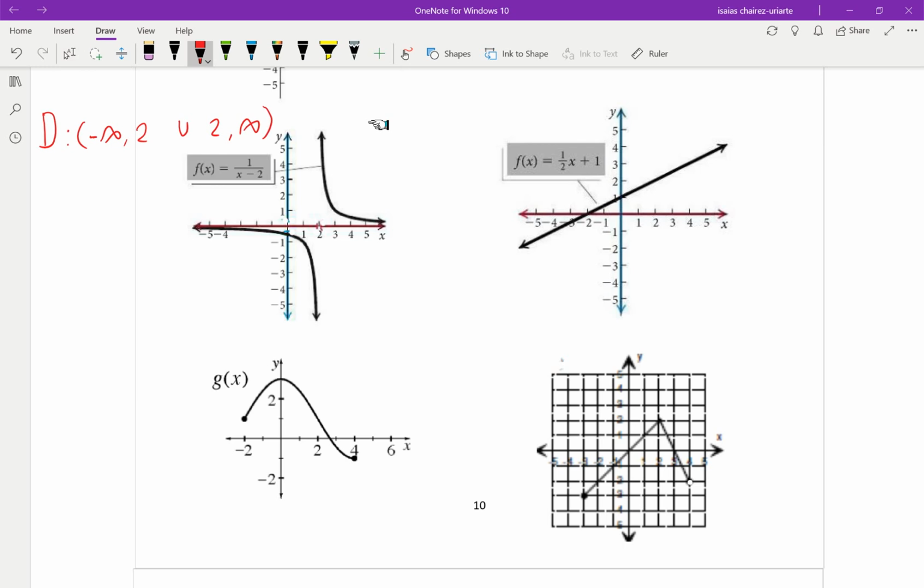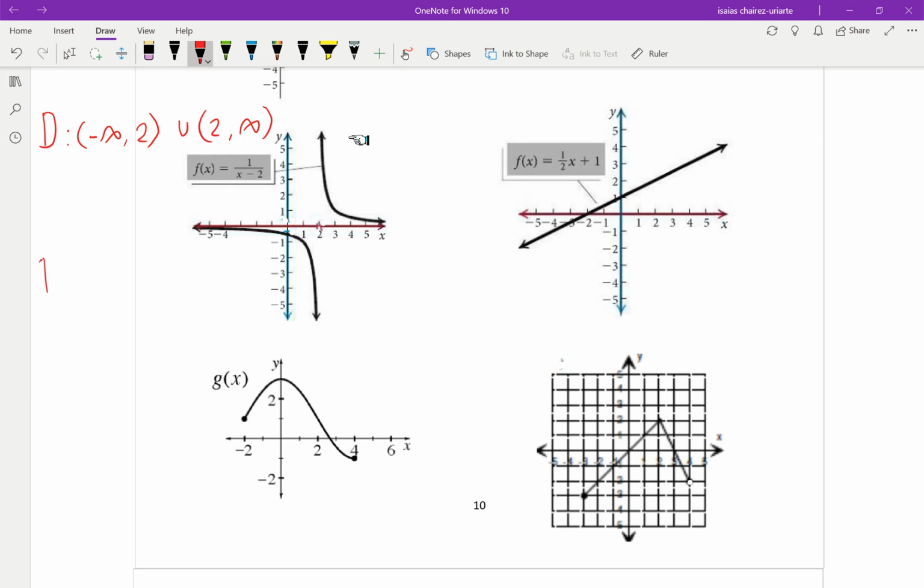But now I have to think, should I use a bracket or a parenthesis at 2? Is 2 included in my graph? If my x happened to be 2, they actually gave us the function right here, my denominator would be 0, it would be undefined. So we cannot really include 2 in our domain. We have to use parentheses. Yeah, that's the domain.